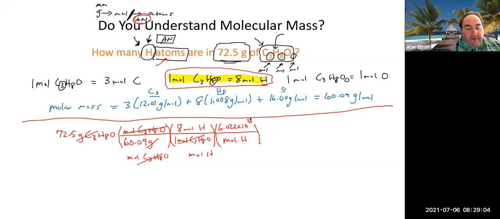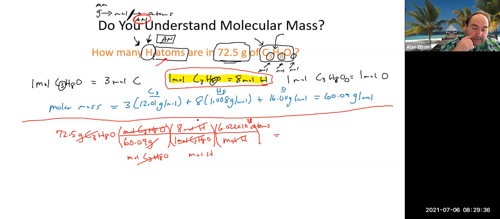At this point, though, when we think about the units associated with Avogadro's number, we're no longer talking about the entire molecule here. We're down to just the hydrogen atoms. So the units here would become atoms at that point. The moles would cancel. We're basically, again, going to multiply everything on the top. So that's 72.5 times 1 times 8 times Avogadro's number, making sure to use that exponent.